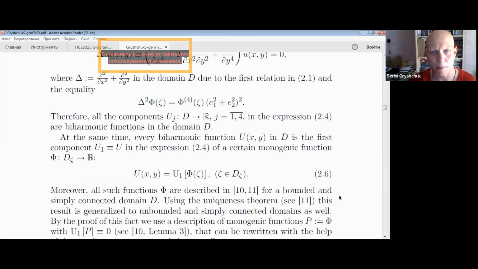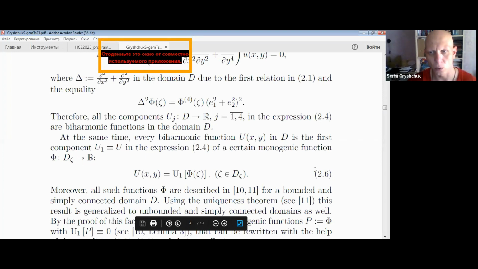At the same time, every biharmonic function in a simply connected domain D is the first component in the expressions 2.4. So we can fix any biharmonic function in the simply connected domain and find all monogenic functions by the formula 2.6.